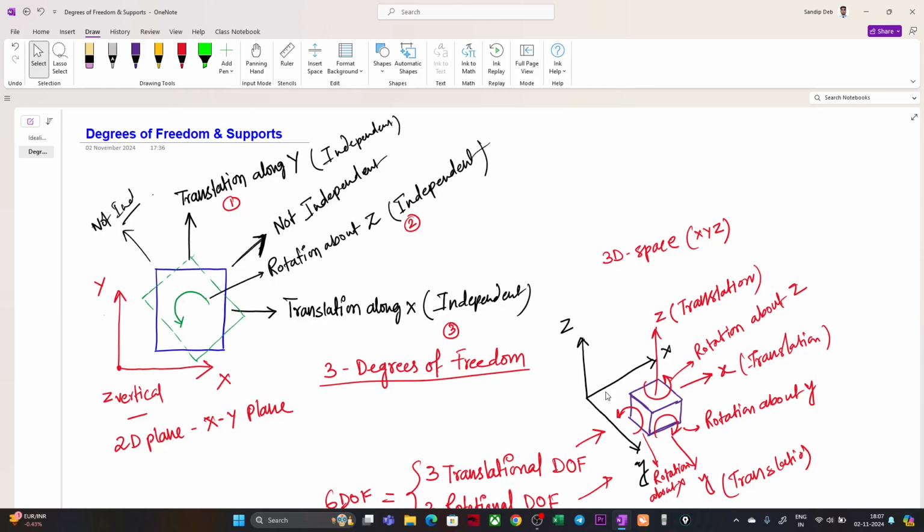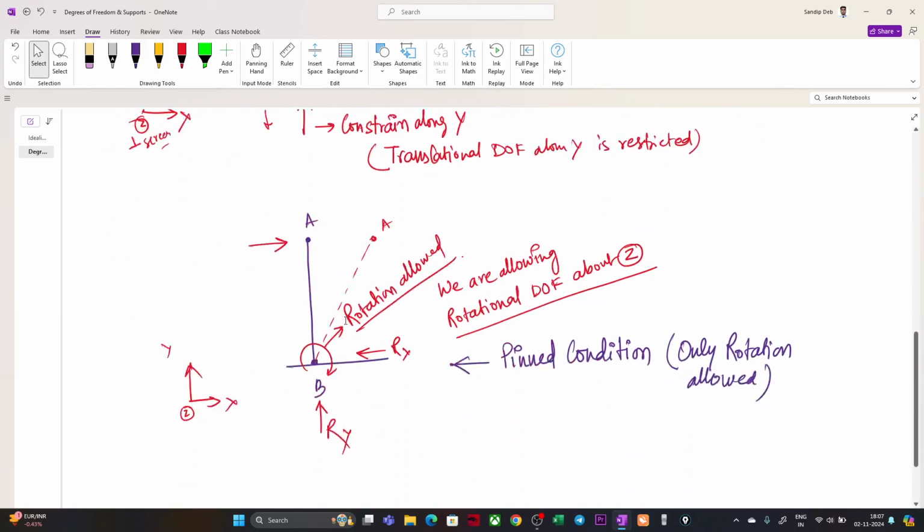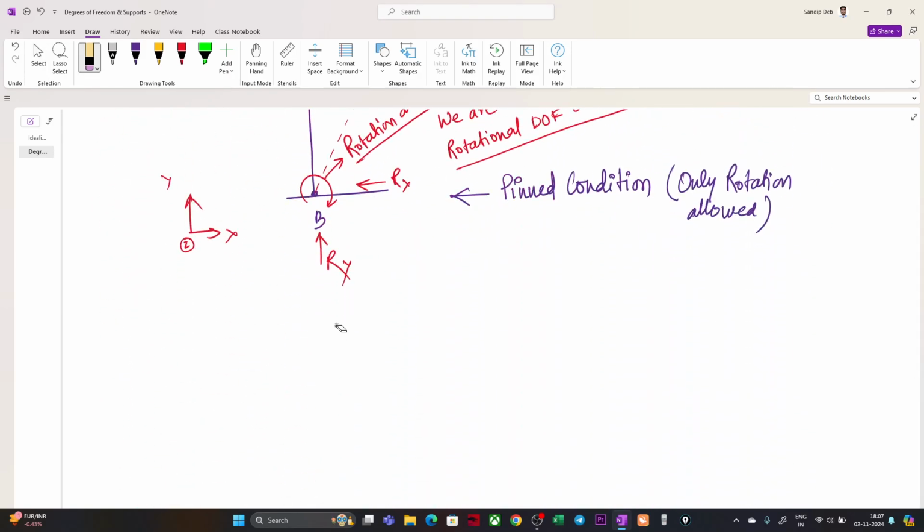Now there are other supports also. This is pinned, fixed. Now suppose you have a line like this and a system like this.